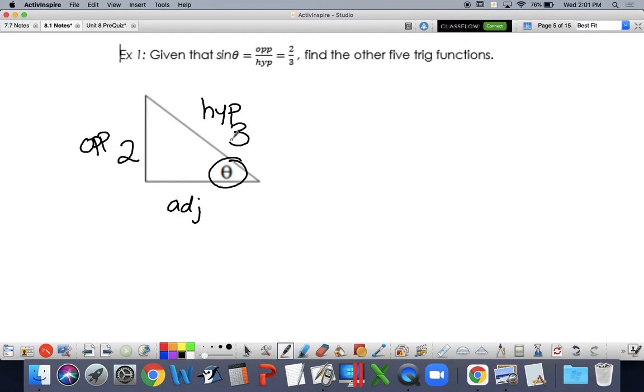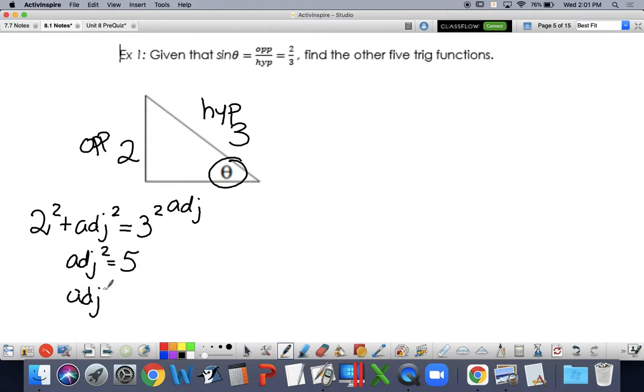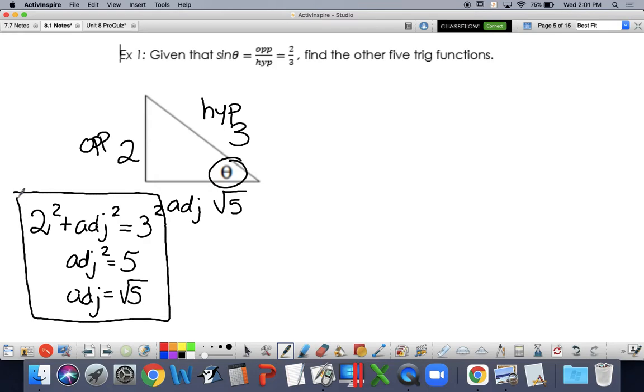So what should I use? Pythagorean theorem. Yep. 2 squared plus adjacent squared equals 3 squared. So I get 9, subtract 4. So my adjacent side is the square root of 5. We just use our Pythagorean theorem to get that.